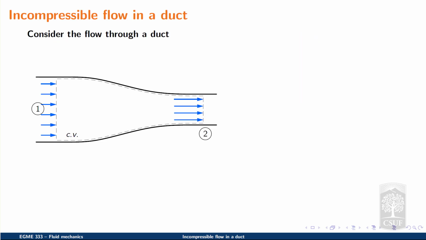So let's apply the conservation of mass to the incompressible flow inside a duct. Given that we have 2 points of interest, the inlet of the control volume, which corresponds to point 1, and the outlet of the control volume, which corresponds to point 2, we can say that m dot 1 is equal to m dot 2, where again, the mass flow rate m dot is equal to the product of the density times the velocity times the cross-sectional area.